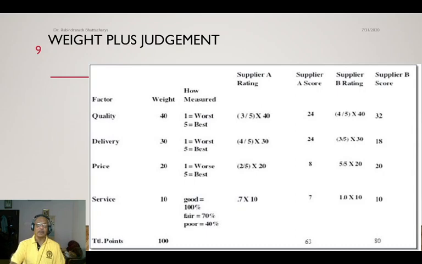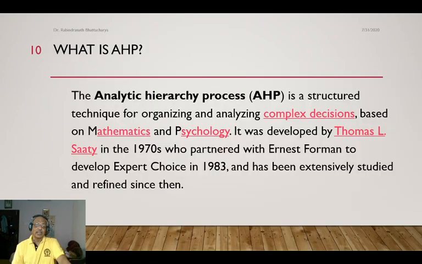And here, AHP, the analytical hierarchy process, is a structured technique for organizing and analyzing complex decisions based on mathematics as well as psychology. It was developed by Thomas L. Saaty in the 1970s, who partnered with Ernest Forman to develop Expert Choice in 1983. Expert Choice was in fact the software for this AHP, and it has been extensively studied and refined since then.